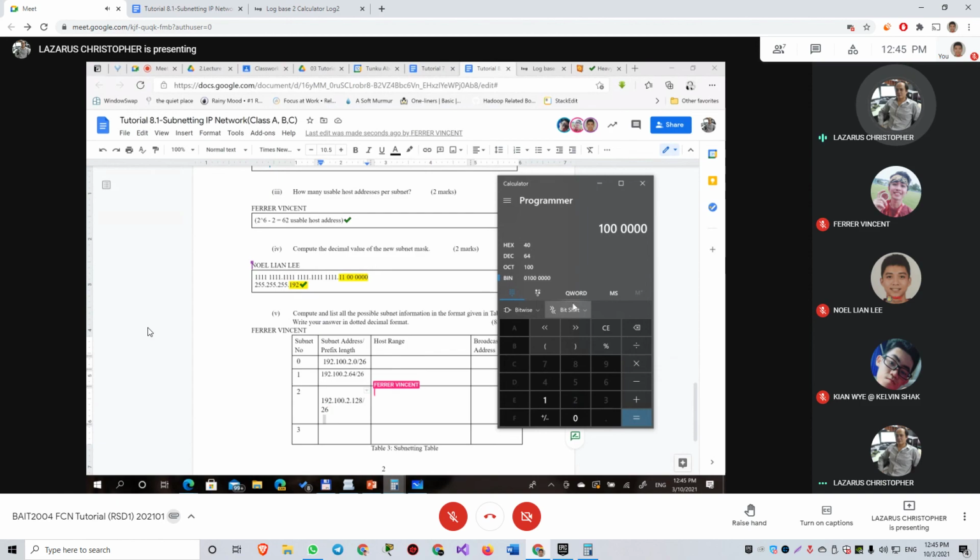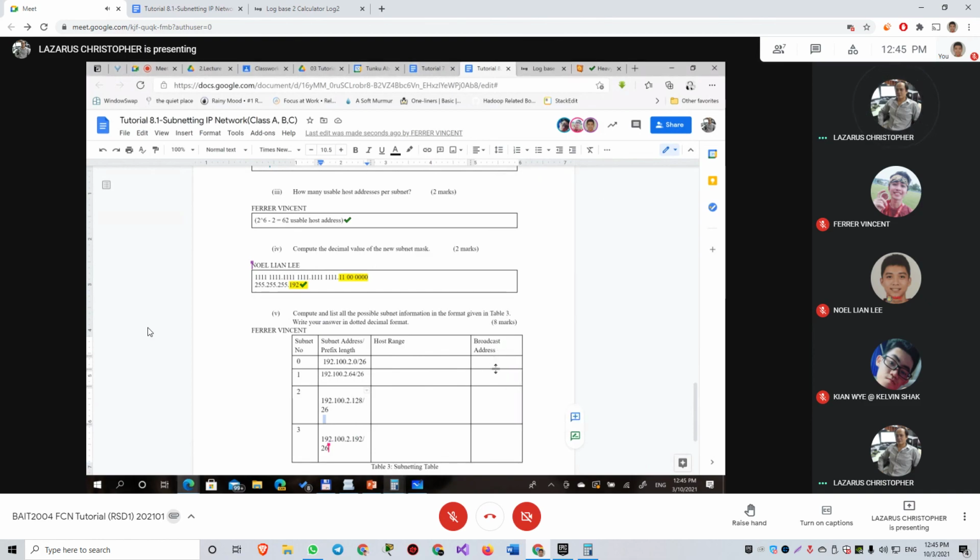Then the next one, same thing: 192.100.2, 128 plus magic number 64, /26. Now, once you get the subnet addresses, you want to do the broadcast.